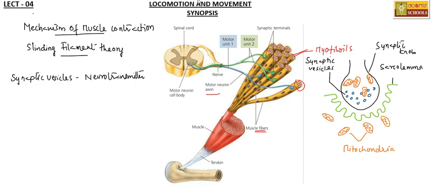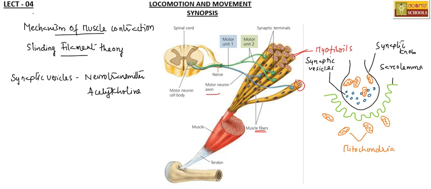When there is an impulse, it results in the release of acetylcholine from the synaptic vesicles into the synaptic cleft.